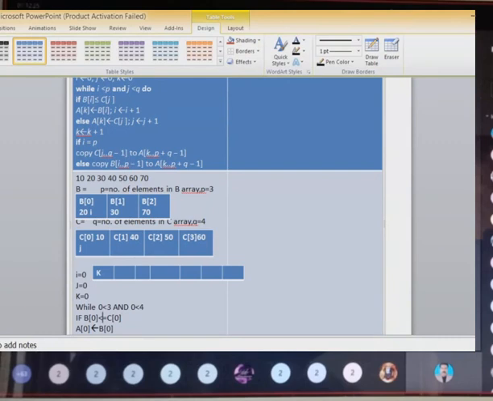What is B of 0 element? 20. C of 0 element is 10. Now condition not satisfied. Condition false. If the condition is satisfied, we have to increment the value of I.